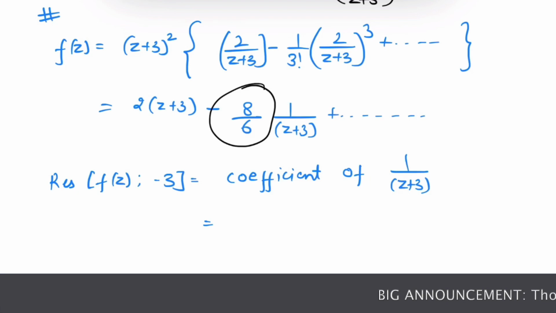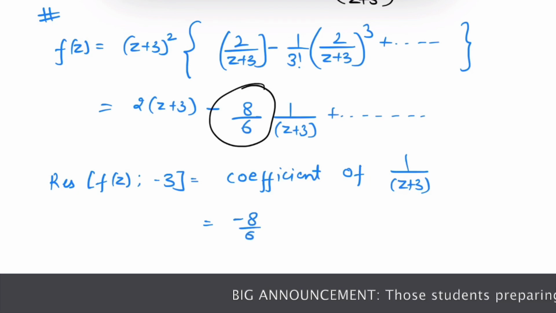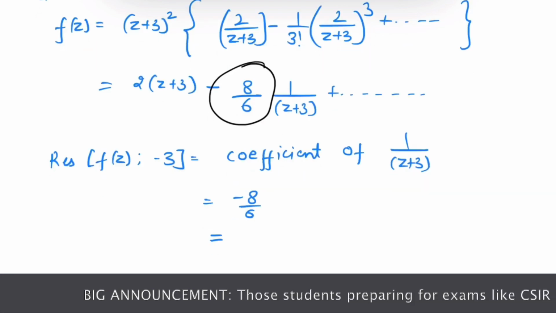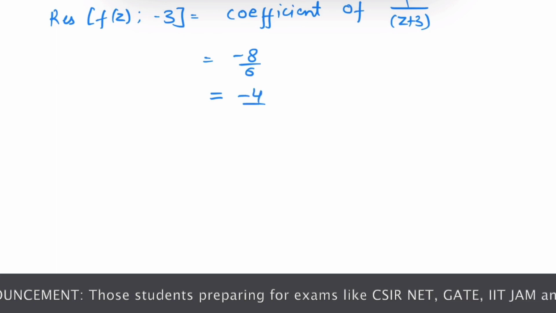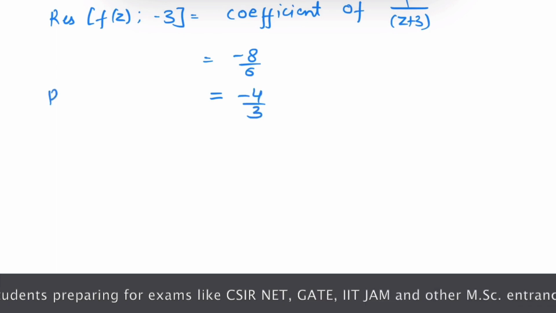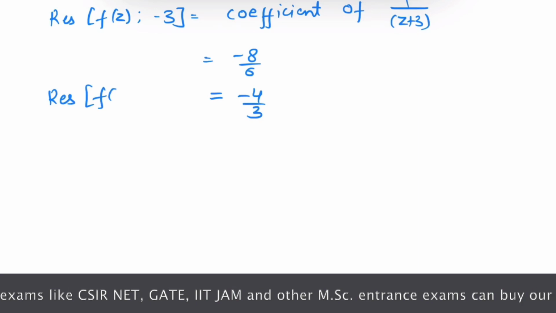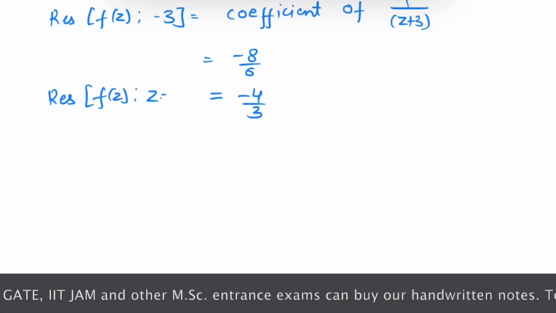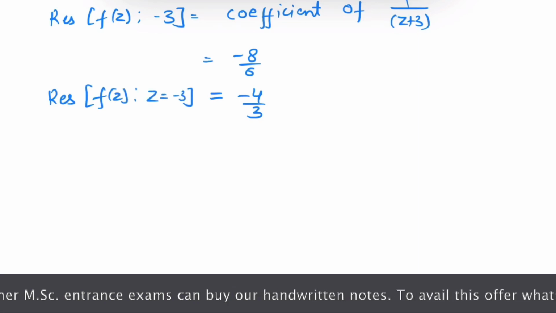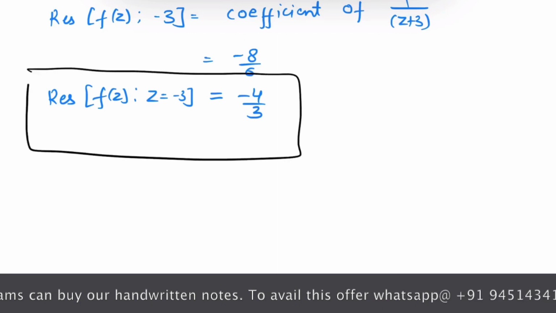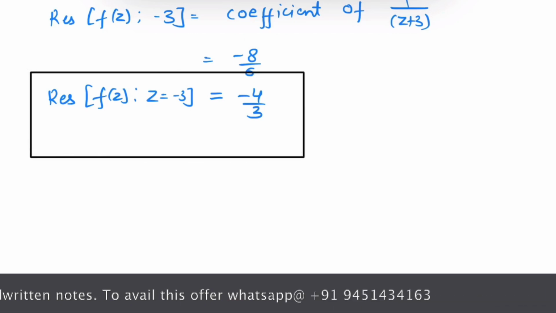So we have here minus 8 over 6. After simplifying, we'll have minus 4 over 3. So this is the required residue for function f of z at point z equals minus 3.